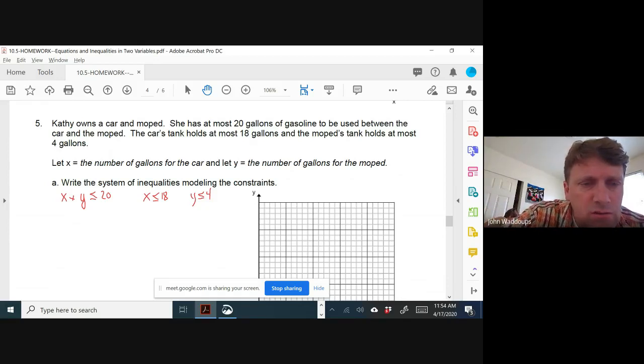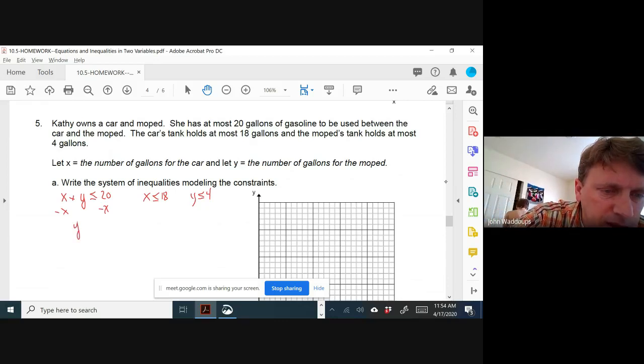If I take those three inequalities, then those are the constraints overall. So if I subtract X from both sides, I get Y is less than or equal to 20 minus X.